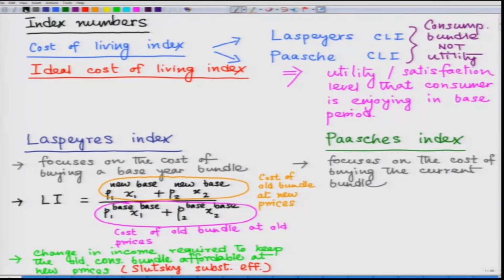Now, let us look at the formula used for the Paasche cost of living index, and this is denoted by Pi.